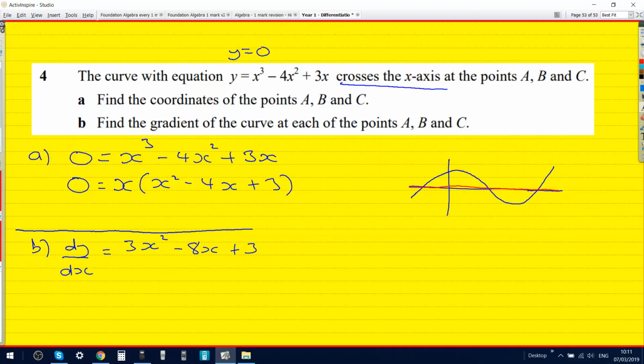So x equals 0, or tell you what, this thing here, what would that be in double brackets? x and x.